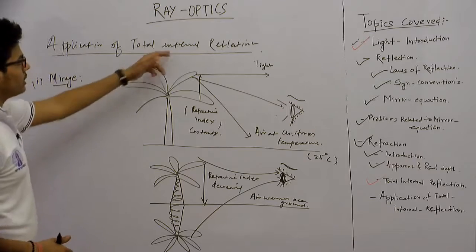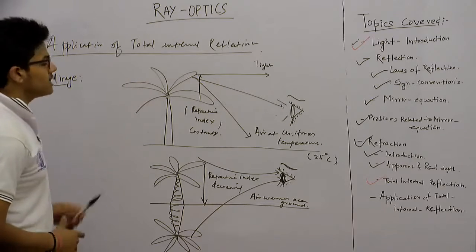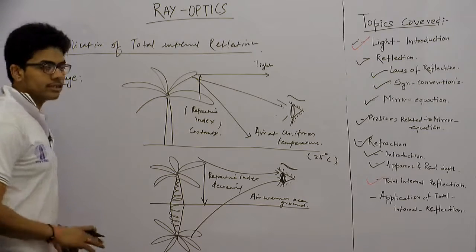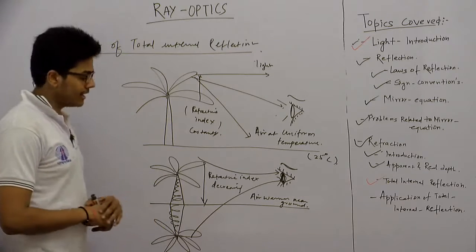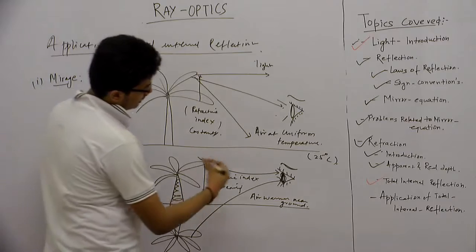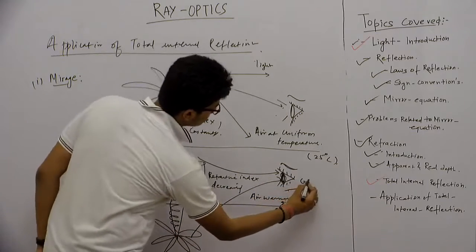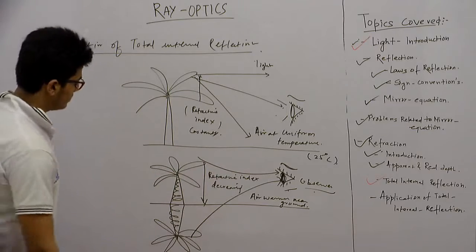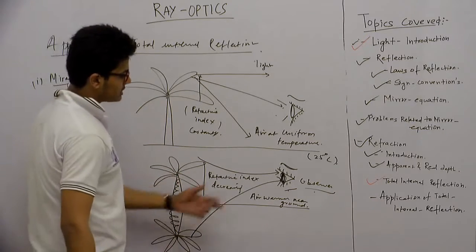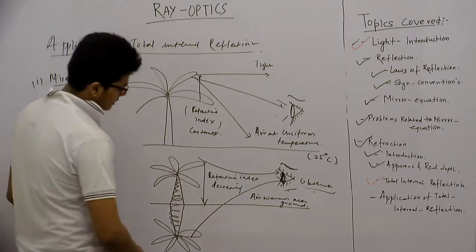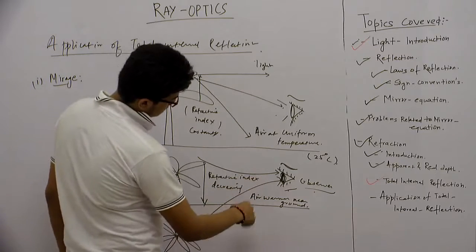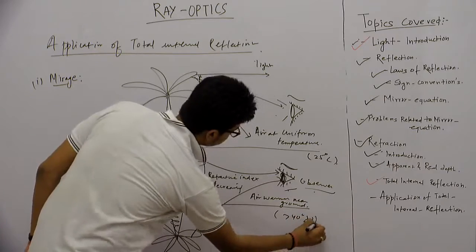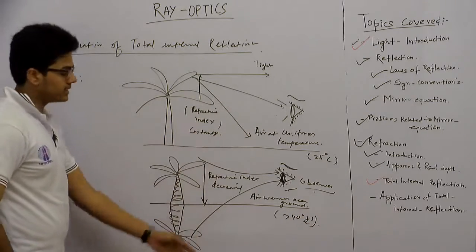Whereas for total internal reflection, an application called mirage comes on a hot dry summer day, when an observer is moving and the object is some distance from the observer, and the temperature is greater than 40 degrees centigrade outside, the refractive index decreases.